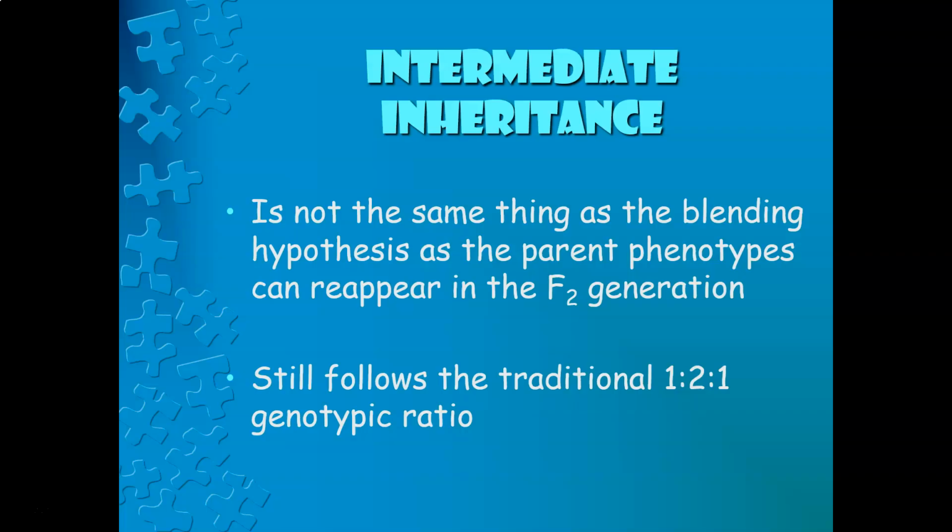When we talk about blending hypothesis, it was literally like blending paints together, taking red plus white and making pink. The difference here is, though, with that blending hypothesis, it is like paint. There's really no way to get that red paint and that white paint back out.